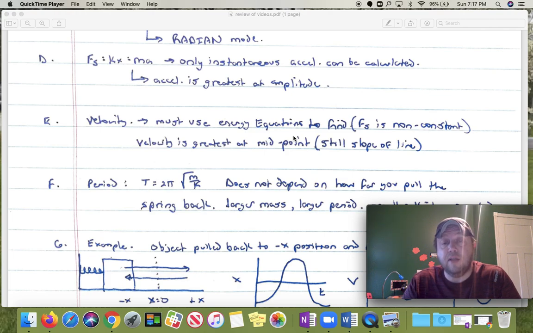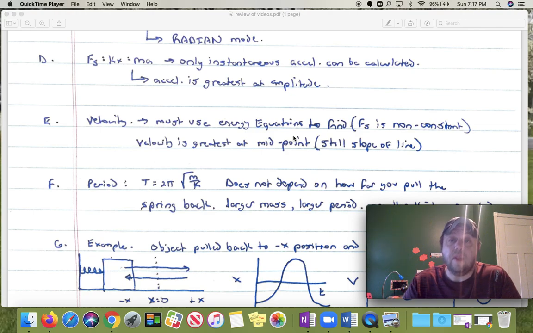So we can utilize our energy equations. Most of the mass spring systems and oscillations are going to be on a level frictionless surface, which makes it really easy because all of the energy is conserved and it goes strictly from the spring to the kinetic energy of the object, back to the spring, back to the kinetic energy, and it's like watching tennis where it just goes back and forth.